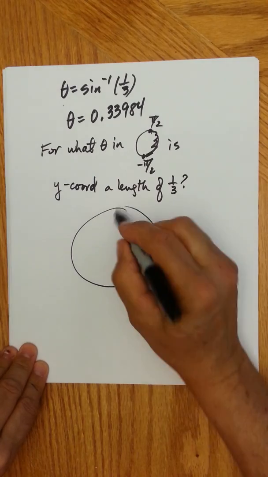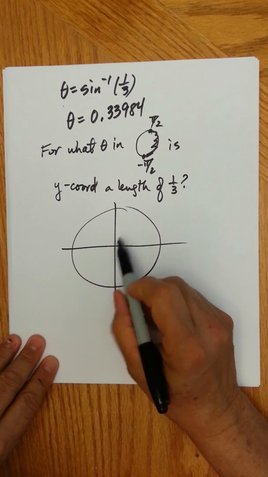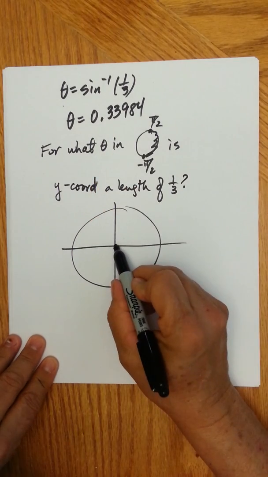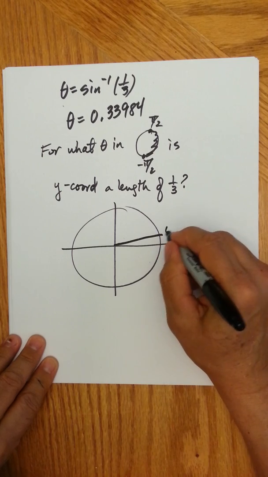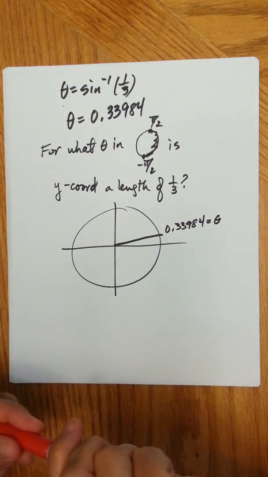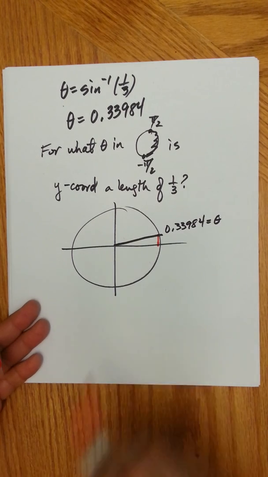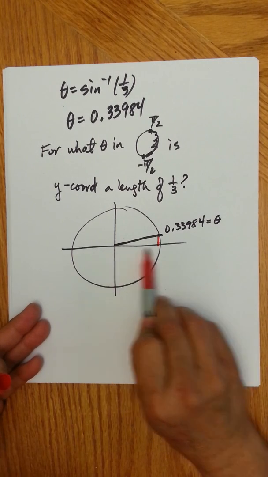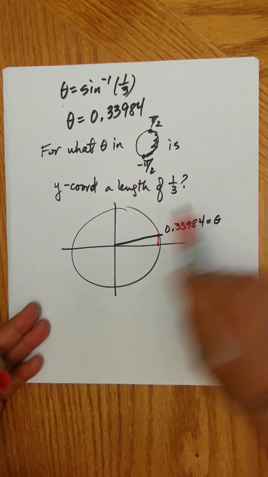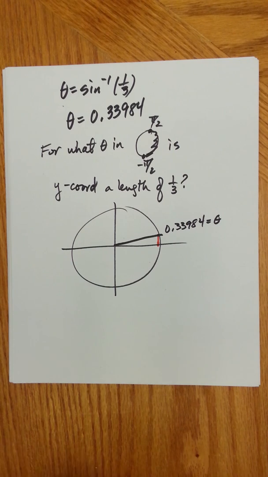So, if I look at my unit circle then, what I can see is the calculator told me 0.33984 radians, so somewhere in here. And what that says is that for this location on the unit circle, you have an associated x-coordinate and y-coordinate. The y-coordinate is a length of 1/3. Okay, so that little red line there, that vertical line, has a length of 1/3. So the question then is, where else on the unit circle is the y-coordinate a length of 1/3?